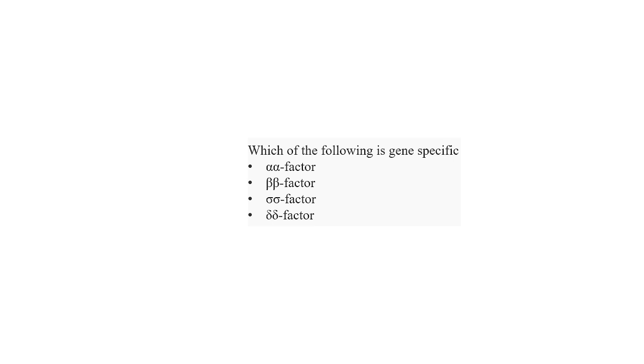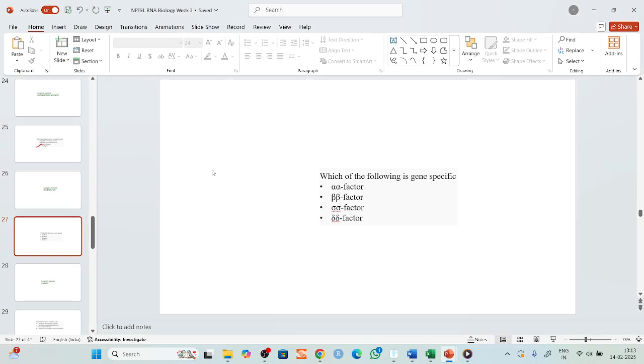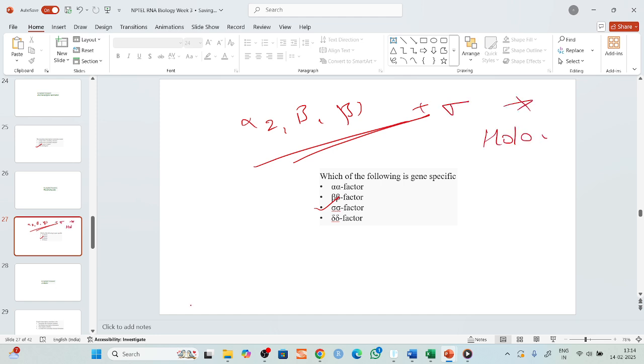Okay, now I'm switching the screen. The question is, which of the following is gene specific? The correct answer would be sigma factor. See, this is the core complex. Alpha 2, beta, and beta dash make the core complex. And when sigma factor also comes, it makes the holoenzyme.